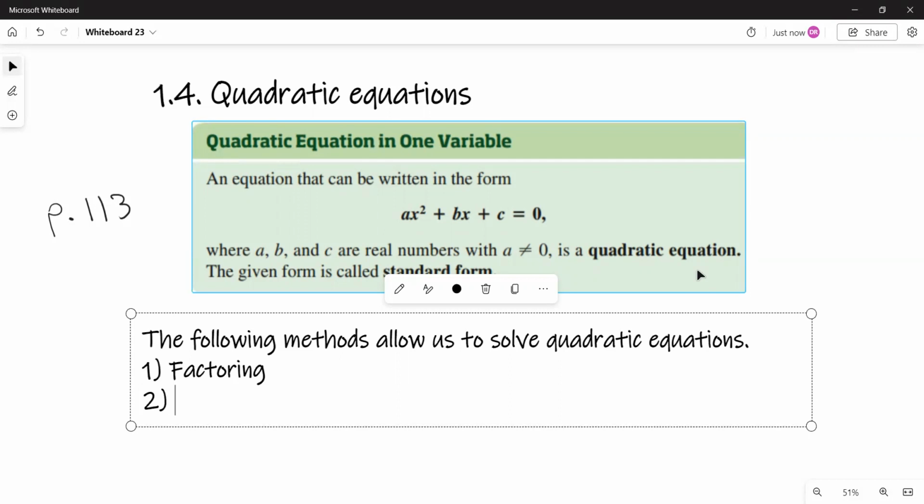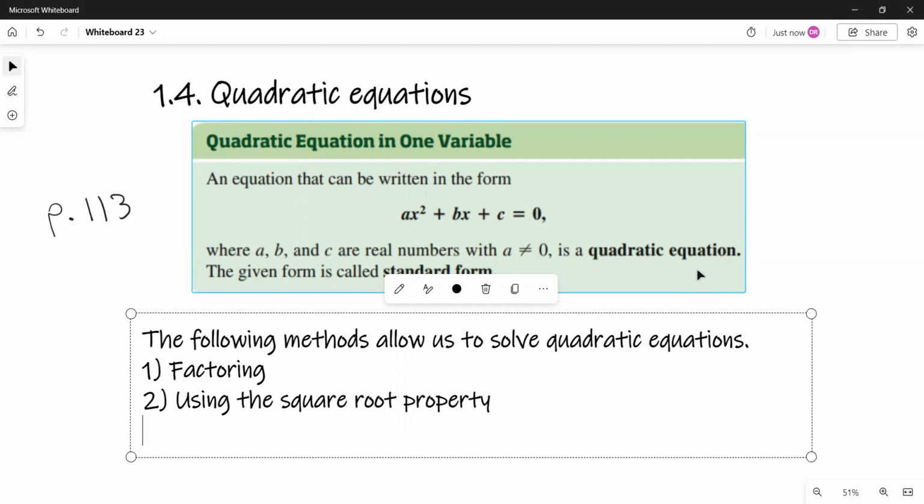Sometimes it is more convenient to use the square root property. And for any quadratic equation, you can solve it by completing the square.